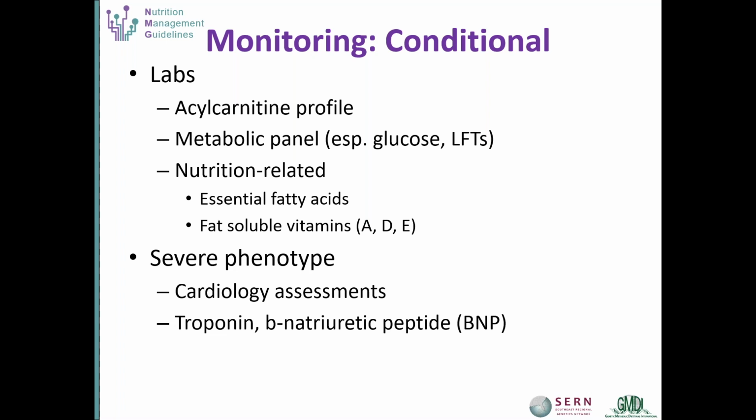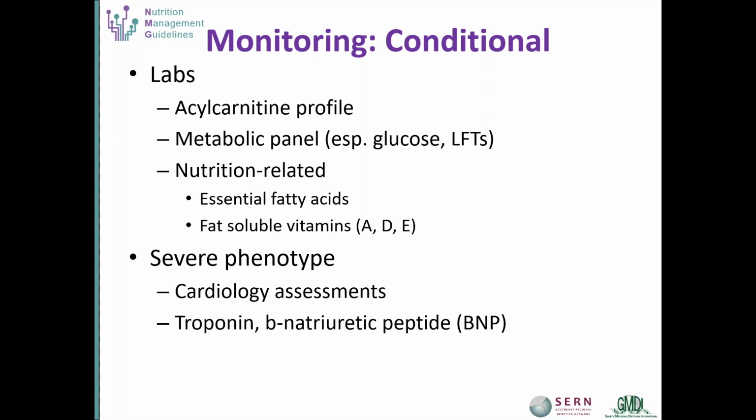For conditional monitoring, conditional monitoring means that we're considering the severity of the disorder and age, etc. So labs that are in the conditional category include the acylcarnitine profile, metabolic panel, especially glucose and liver function tests, for those that are on a fat-restricted diet to measure essential fatty acid profiles and fat-soluble vitamins.